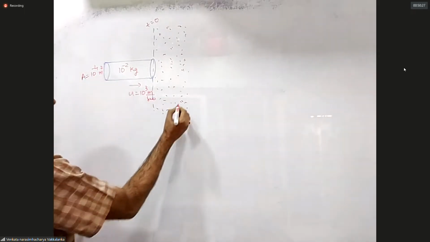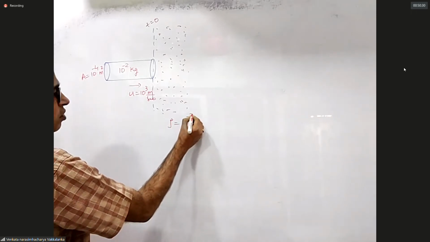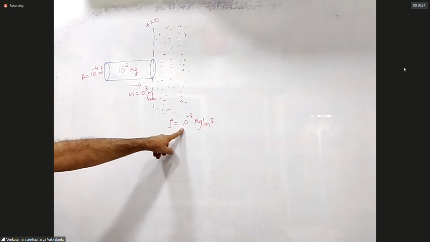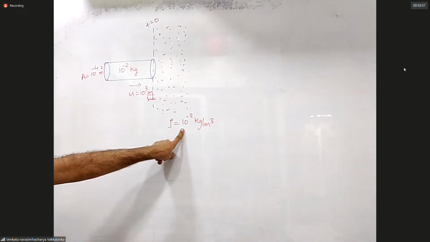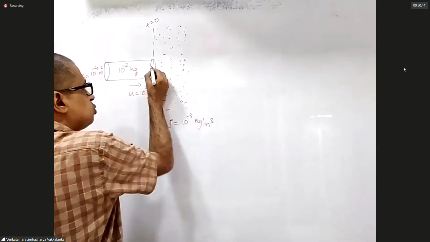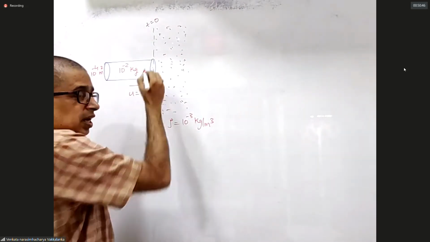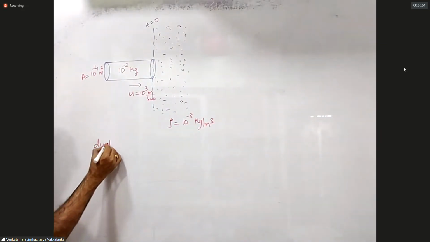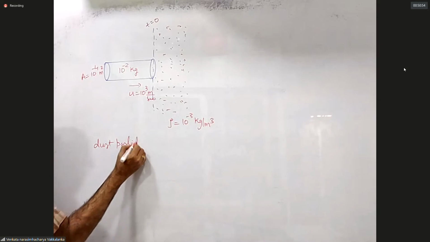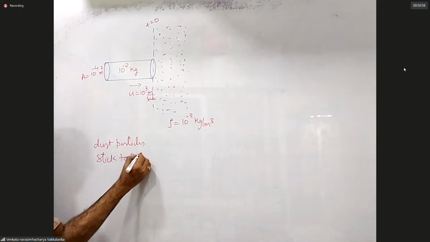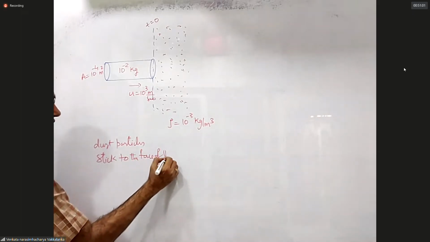Dust particles are of density 10 raised to minus 3 kg per meter cube. Assume that dust particles collide with the front face of the cylinder and stick to the face.